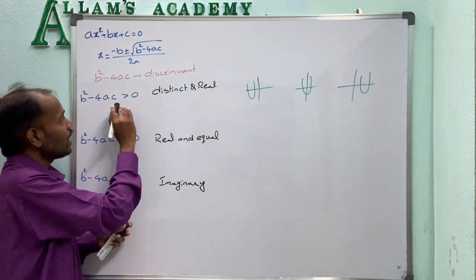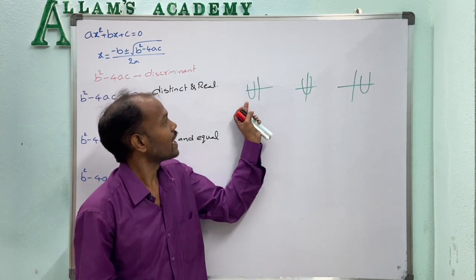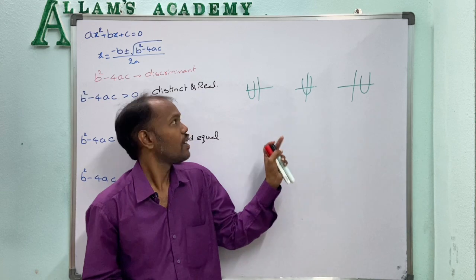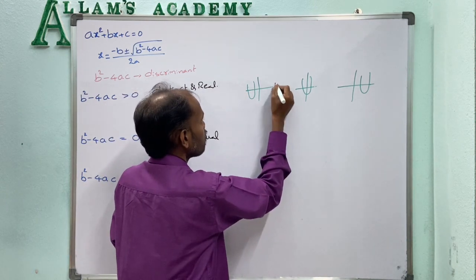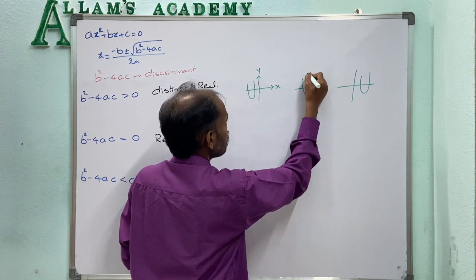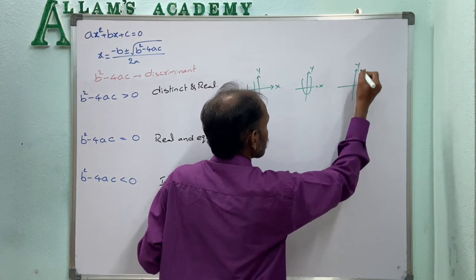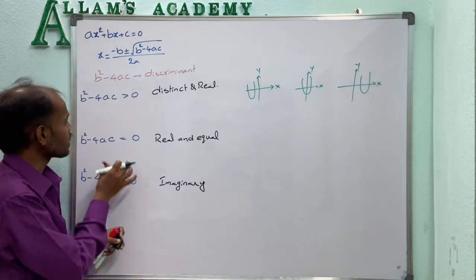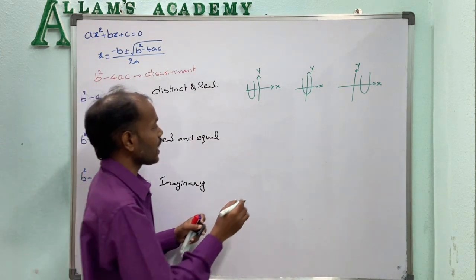Why? Because b square minus 4ac, the discriminant, being greater than 0 means it has two zeros. So the graph touches the x-axis at 2 points, so it has two zeros. If the discriminant b square minus 4ac equal to 0, then the graph is like this.